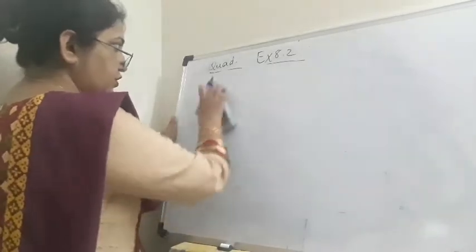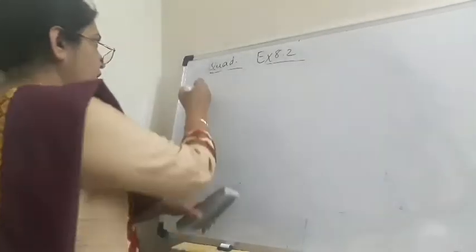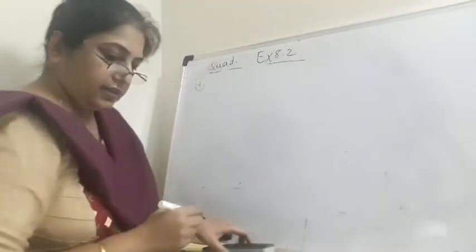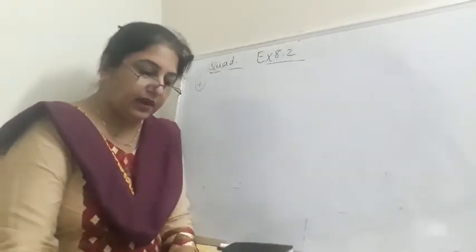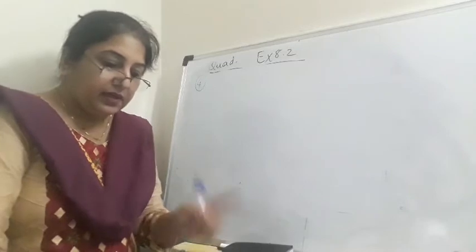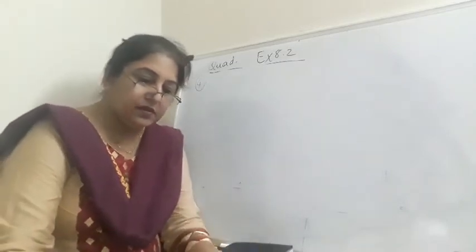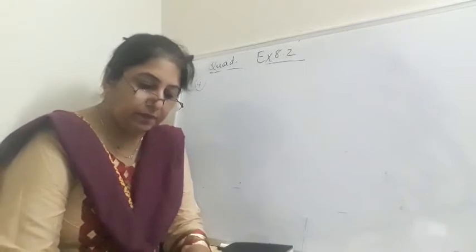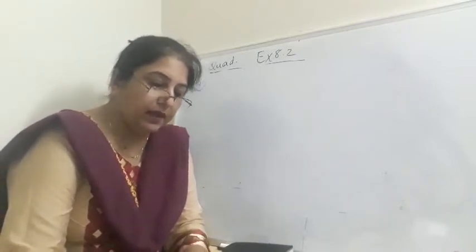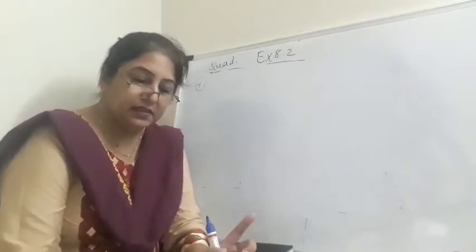Now coming to question number 4. Question 4 says that ABCD is a trapezium in which AB is parallel to DC. BD is a diagonal and E is the midpoint of AD. A line is drawn through E parallel to AB intersecting BC at F.